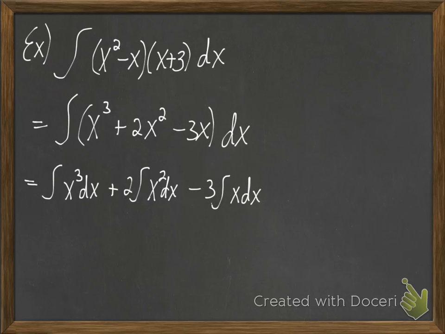So in each case, we add 1 to the exponent and then divide by it. So for the integral of x cubed, we would say add 1 to it, then divide by it.